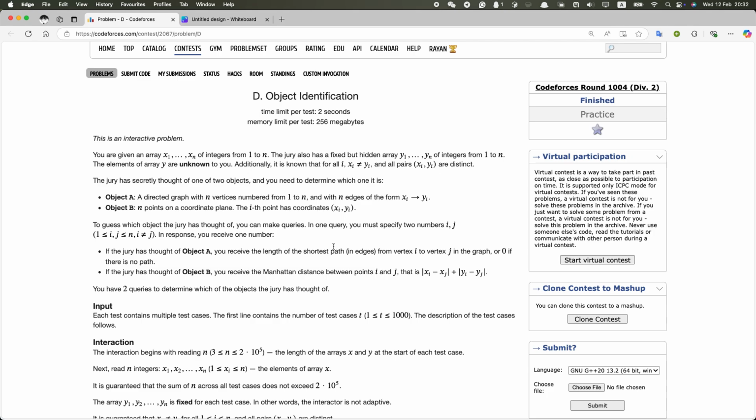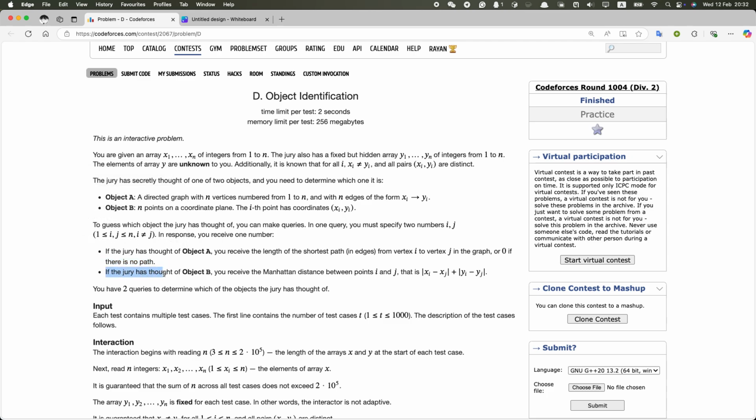the jury has thought of, and we need to query the jury twice. In every query we need to specify two numbers i and j, and we will receive one number. If the jury selected object A, we will receive the length of the shortest path from vertex i to vertex j in the graph, or 0 if there is no path.